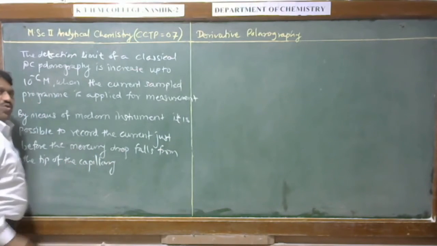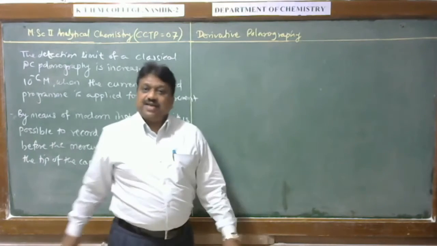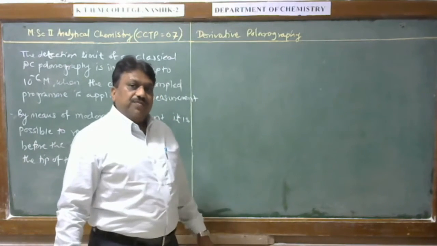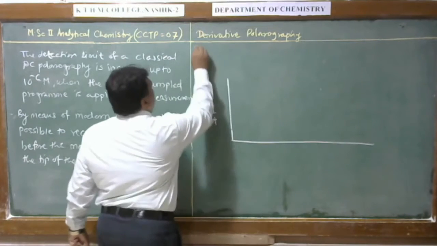Because the instrument knows the exact drop time, the current measurement is carried out at the end of the life of the mercury drop.